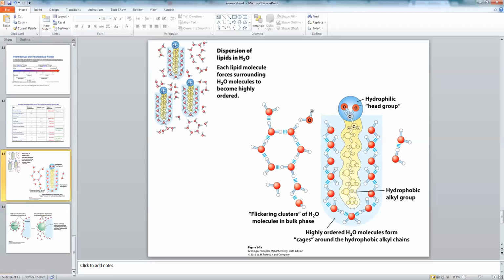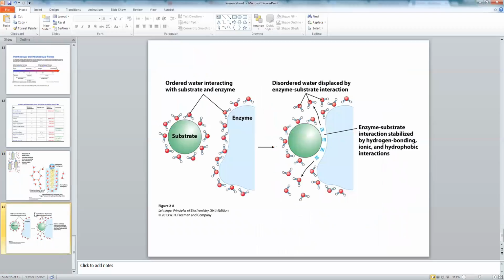And if we think about that perhaps in a more detailed setting where maybe we have an interaction between, say, for example, a substrate and an enzyme, we can disorder then the water and displace it by the interaction between the enzyme and the substrate. And so there's some type of stabilization that occurs, whether that's hydrogen bonding or ionic, or some type of hydrophobic interaction.